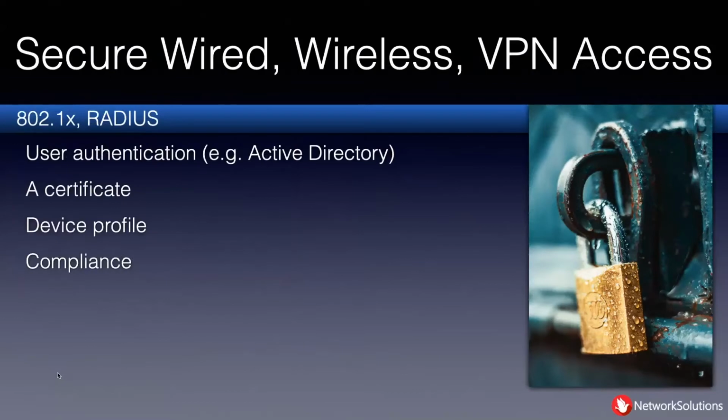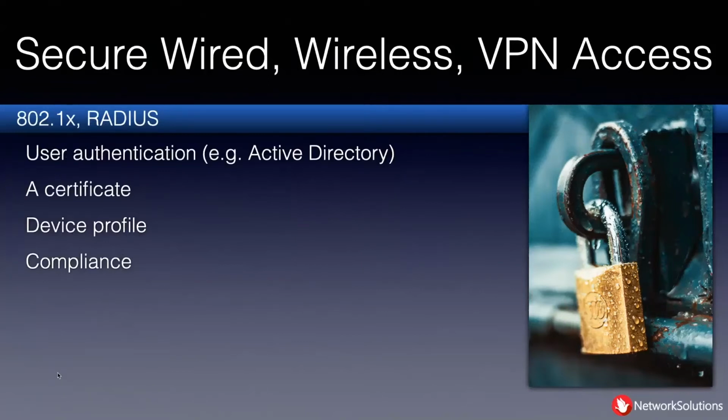So the basics of AAA: what most people are interested in is secure wired, secure wireless, and secure VPN access. Wired and wireless is done through what's called 802.1X, which controls connectivity by user authentication.